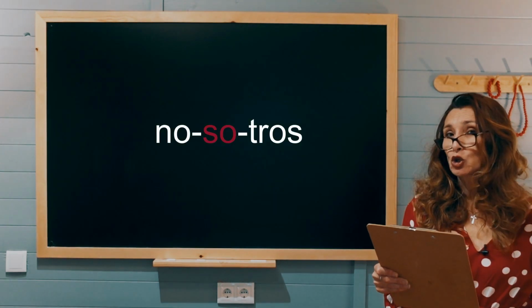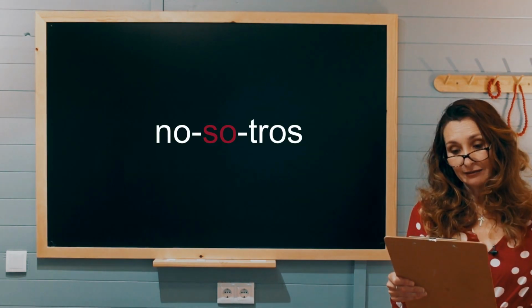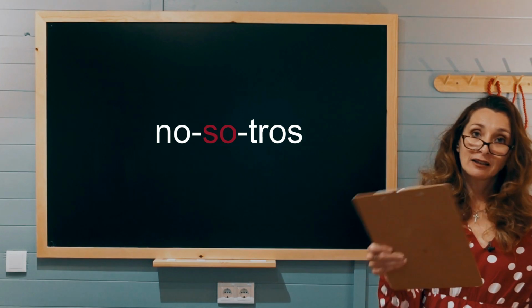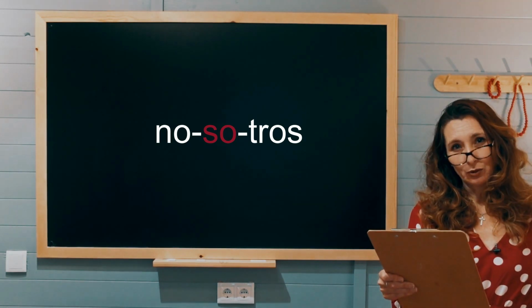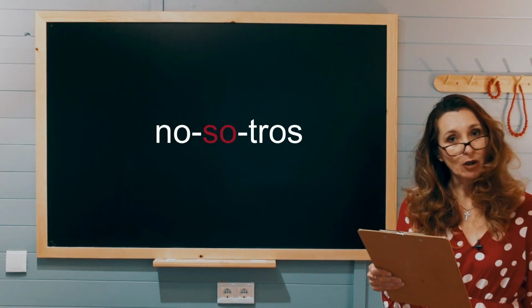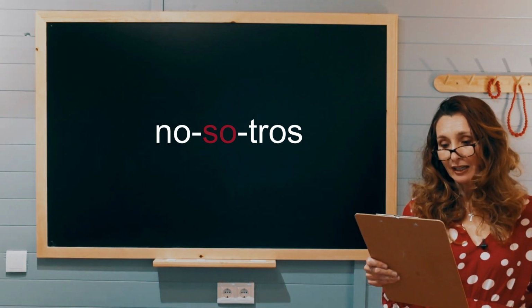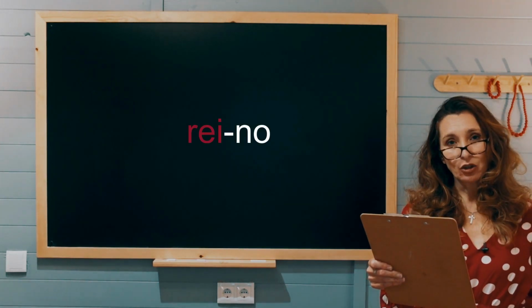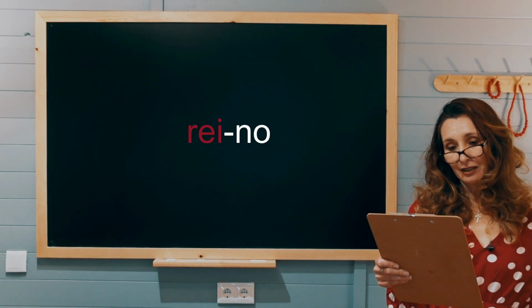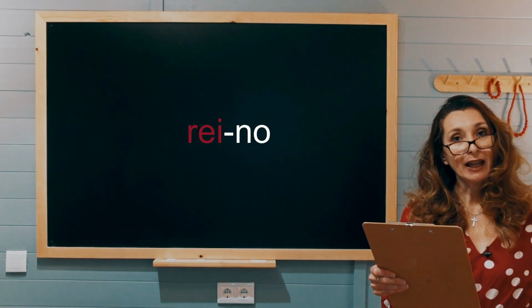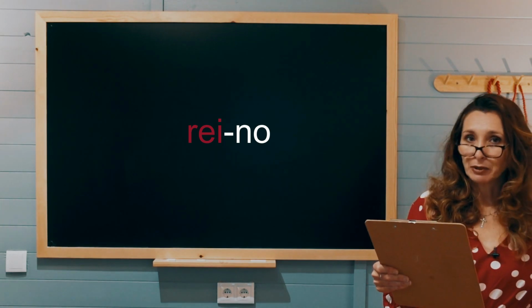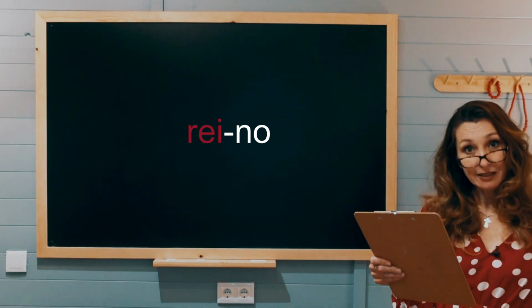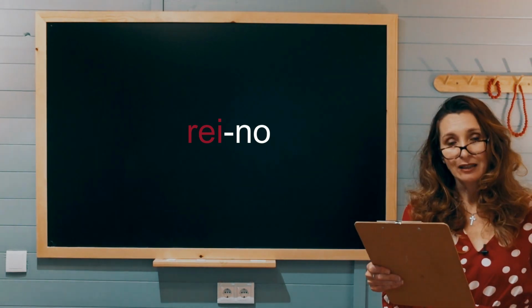Nosotros. Again, ends with an S. The penultimate syllable is accentuated, so all fine here. Tu reino. Reino ends with a vowel, and the penultimate syllable is accentuated, rei, reino.